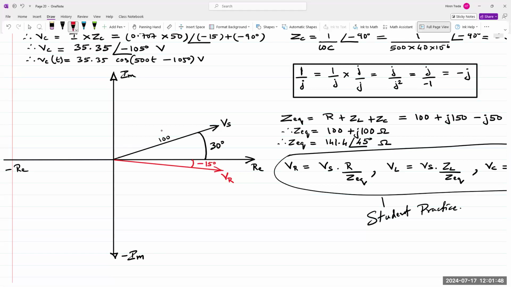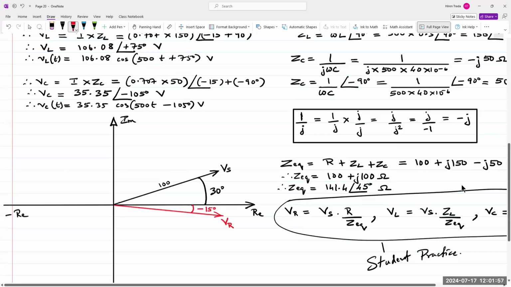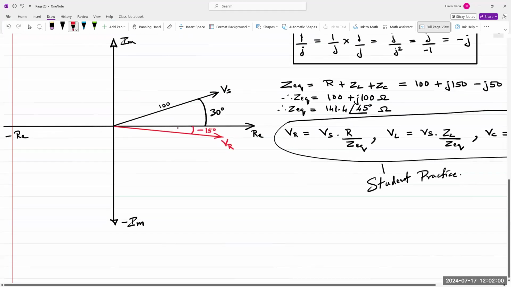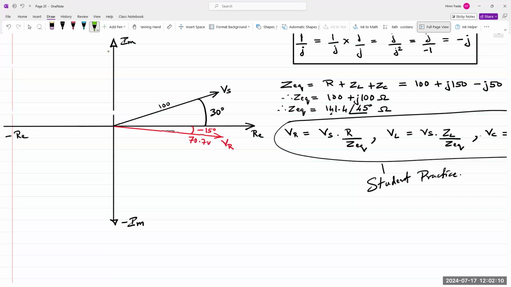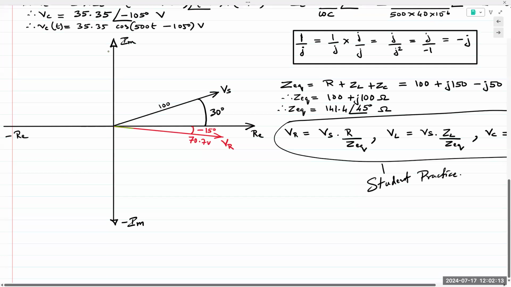And VR has a length of 70.7 volts. Then there is the current, which is obviously not to scale because the current is only 0.707 amps. Does that make sense?